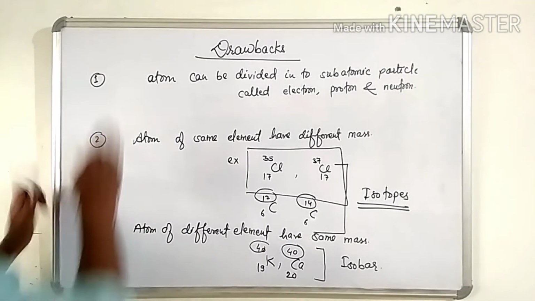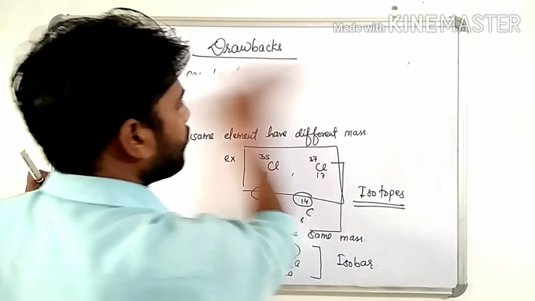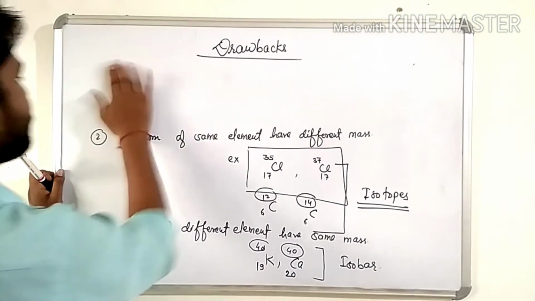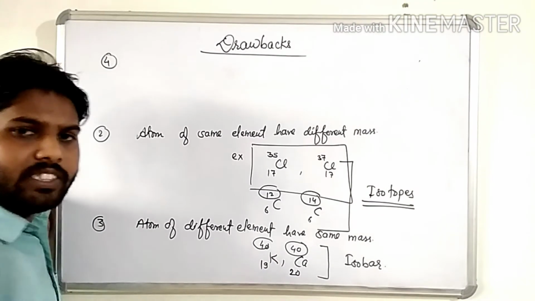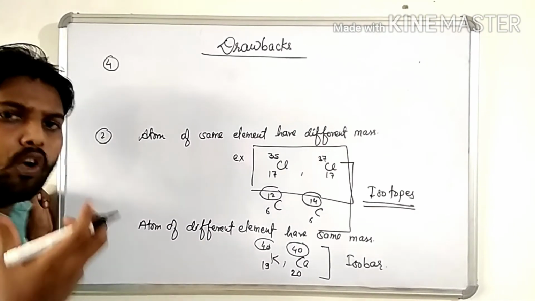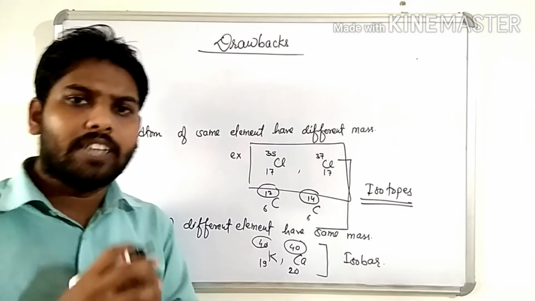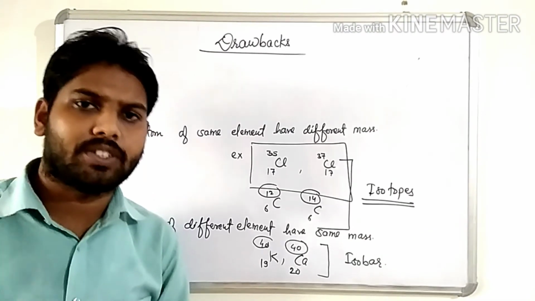One more drawback is there, children. Fourth drawback is that John Dalton stated that two or more atoms combine to give a new substance.